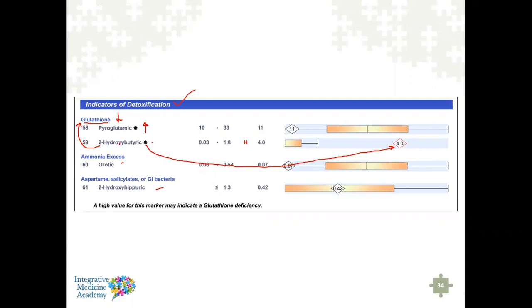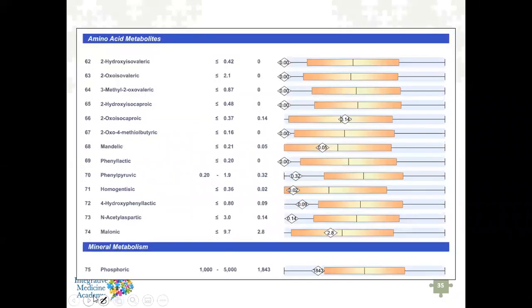In fact, 2-hydroxybutyric is another marker that's often used for glucose intolerance. And sometimes they'll actually look at it with regards to what's called diabetic ketoacidosis. So I want you to think about all of that in sort of the what would you do next scenario.